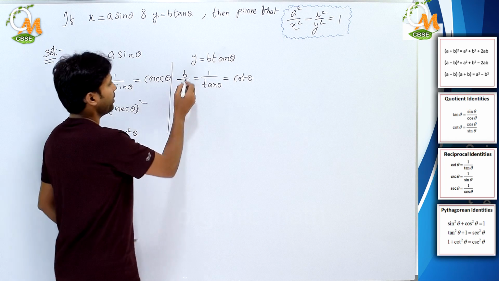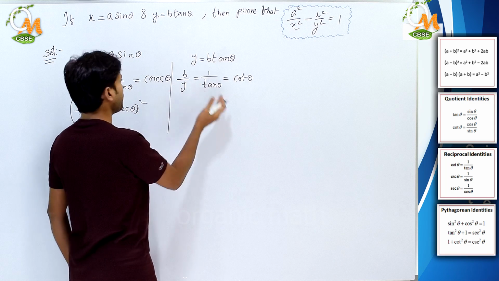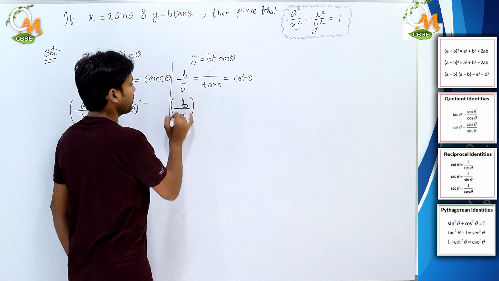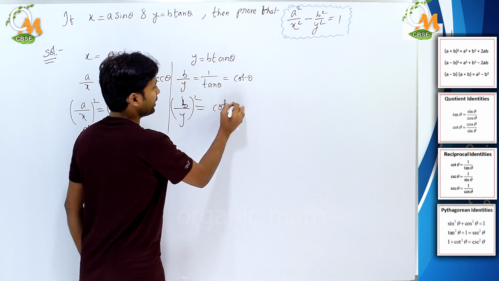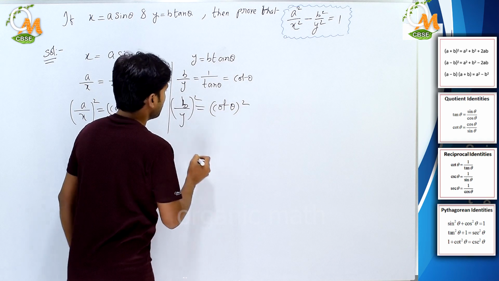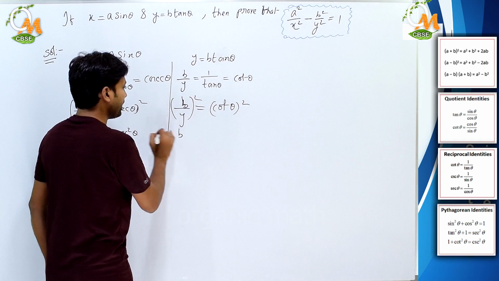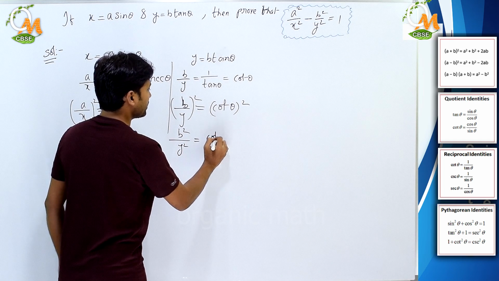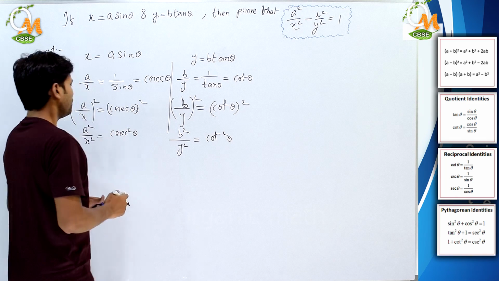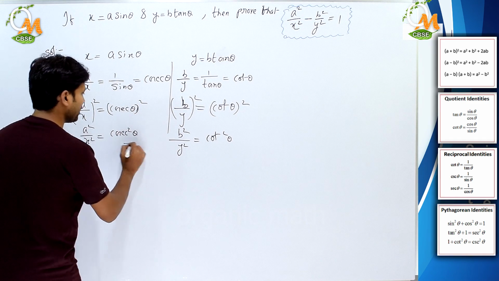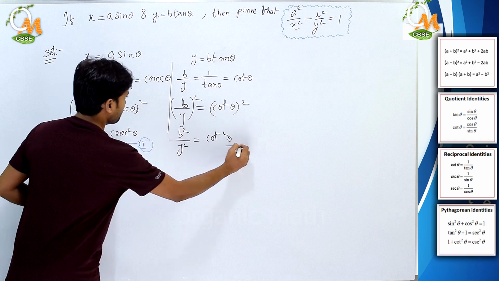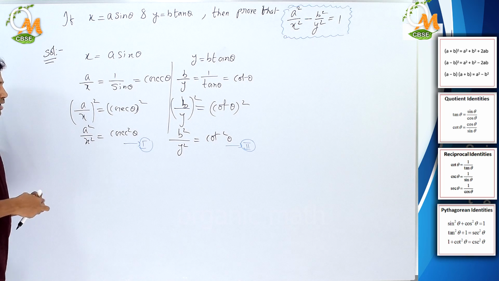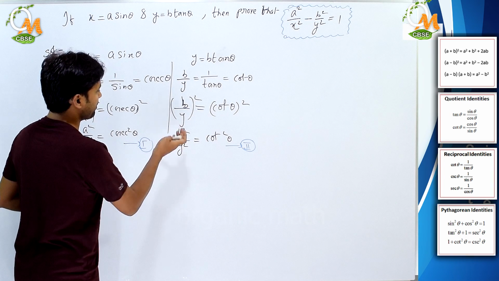Squaring on both sides here also, we get b by y whole square equal to cot theta whole square, which simplifies to b square by y square equal to cot square theta. You can assume this is equation 1 and this is equation 2. If you don't write it, it's okay, but for the process I'm writing it like this.